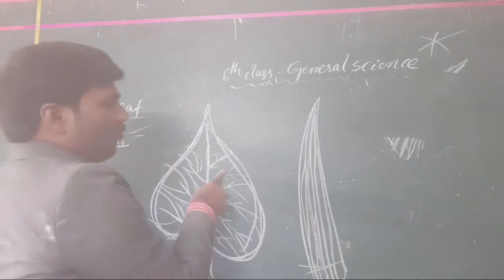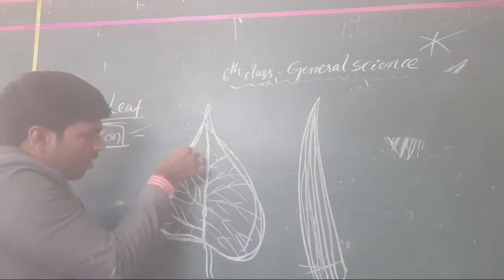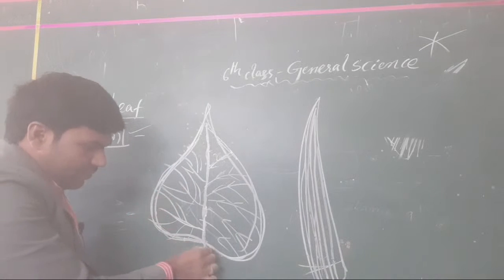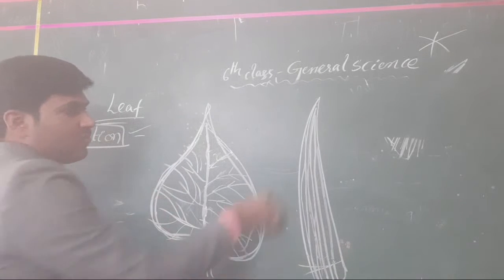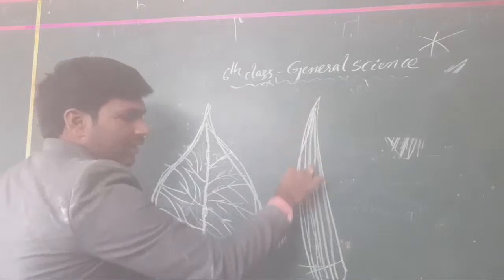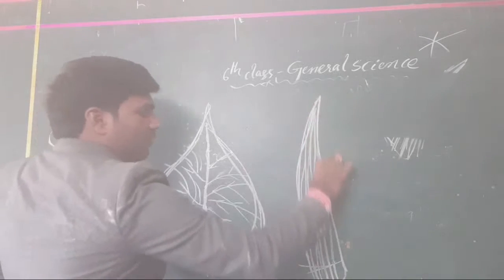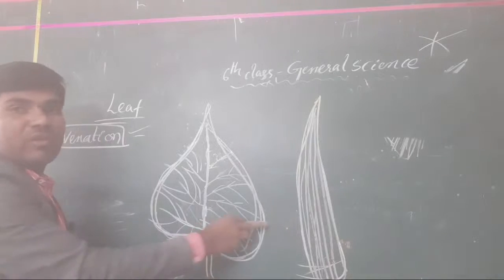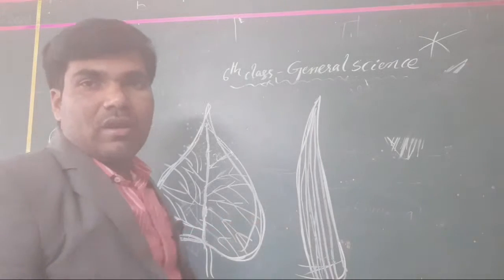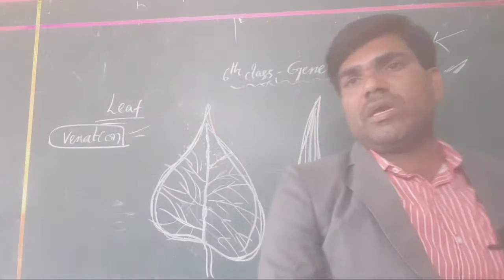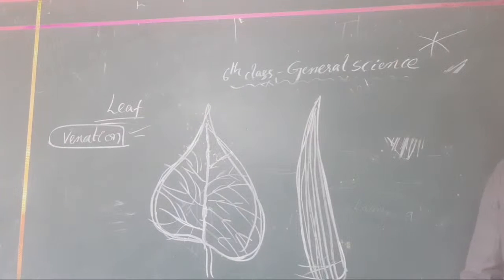Now check here, connect all the ending points of the veins. Okay, you will get this structure. And the outer line we drew for all these parallel veins looks like this structure. Clear or not, all the students? In this way only we are going to get the venation component. Okay, I hope you got it.